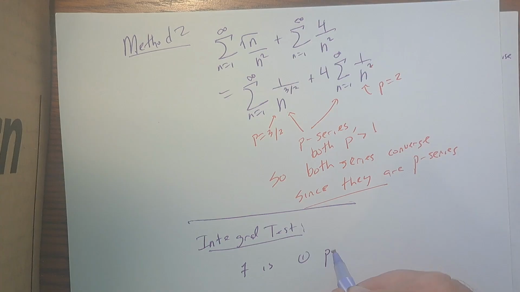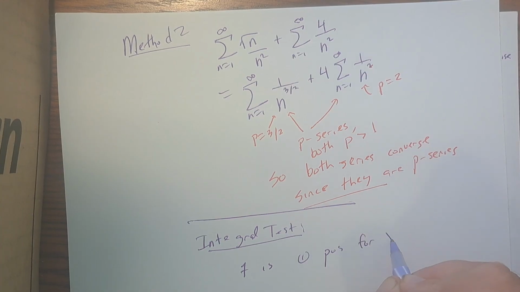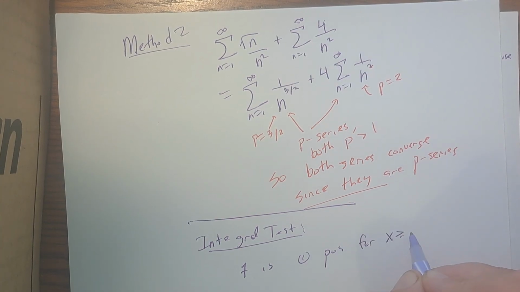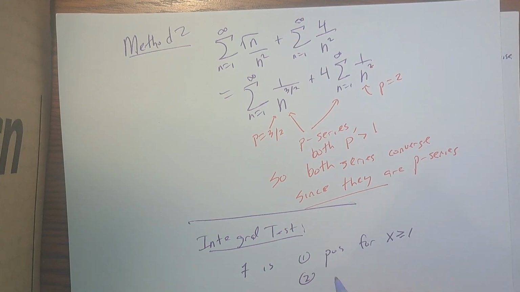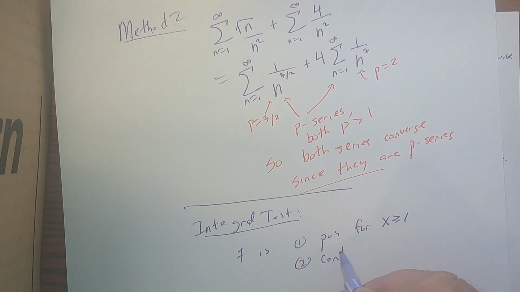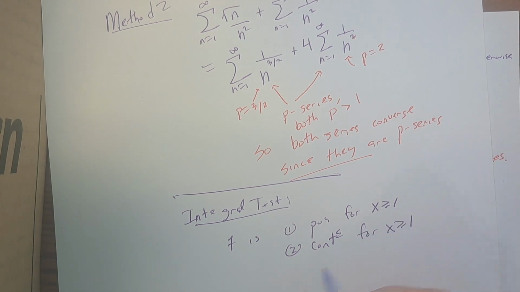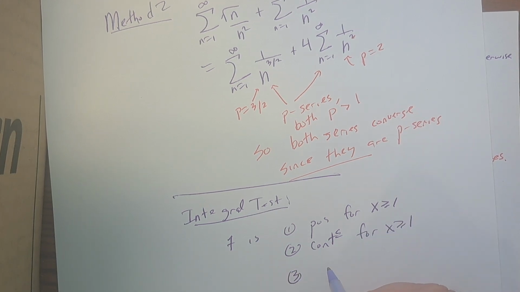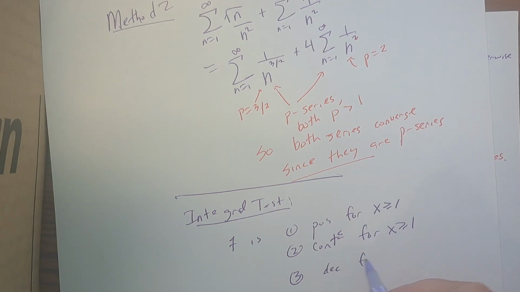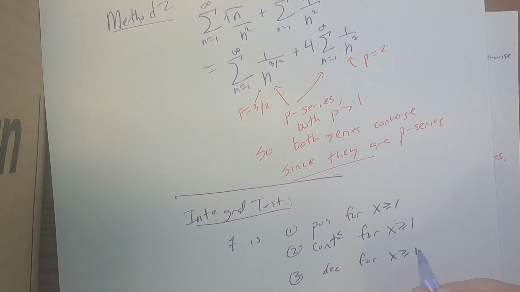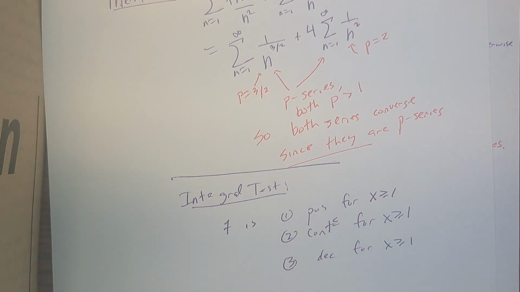It's going to be positive for x greater than or equal to 1. It has to be continuous for x bigger than or equal to 1, and it has to be decreasing for x bigger than or equal to 1. So if you do all those things, then you can apply it.